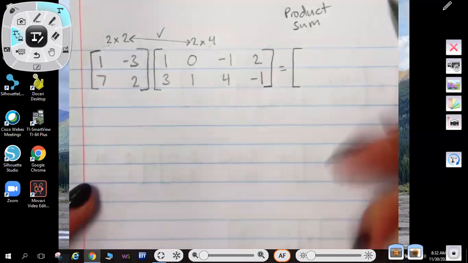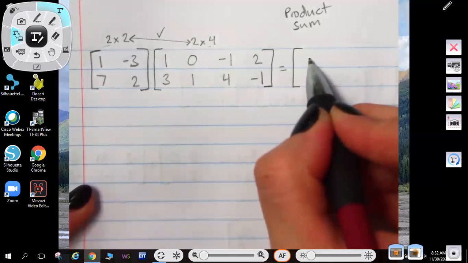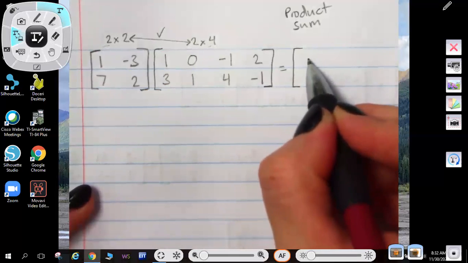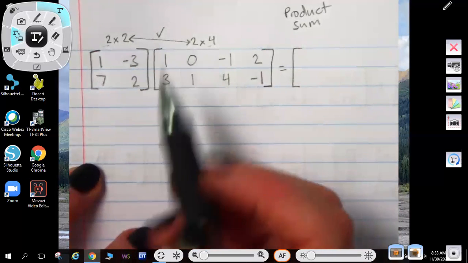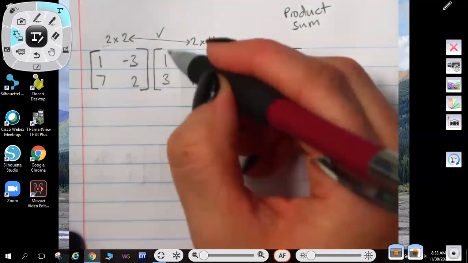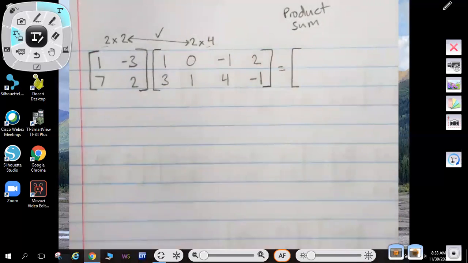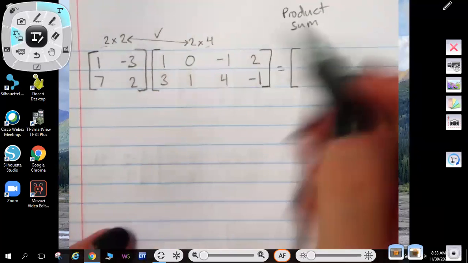Okay, so if I want to know what number is supposed to go in this first row, first column position of our product, we're going to use the first row and first column of our 2 matrices. I don't want you guys to scribble up your paper. I want you to be able to see your paper later, but I'm going to do it on mine so that you guys can see what I'm talking about.